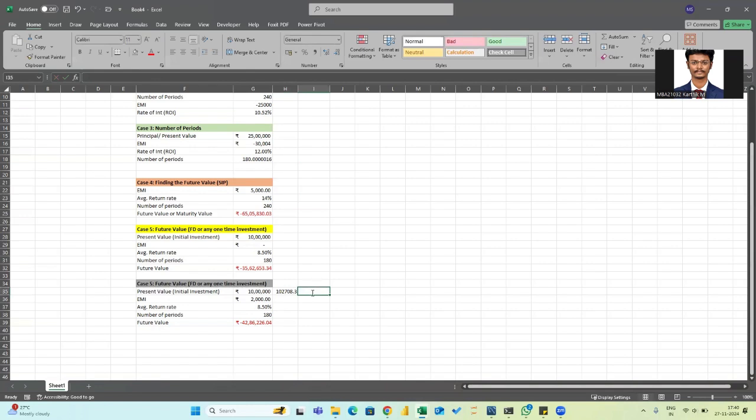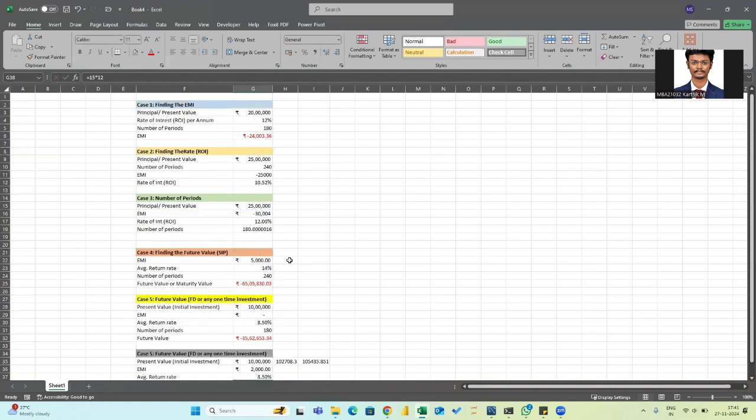And again, this gets multiplied by 1 plus 8.5 divided by 12. Then again you are putting 2000 to it. Then this goes on and on. This is end of first month, this is end of second month. And after end of 180 months, you will get 42 lakhs in your bank account.